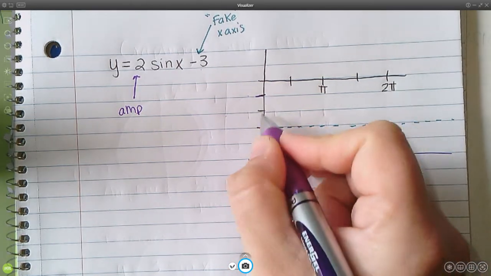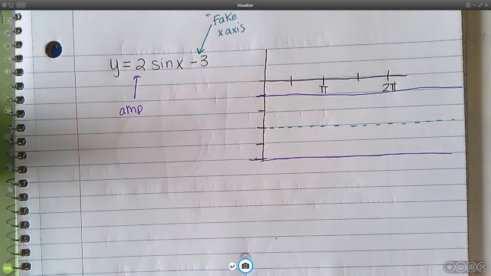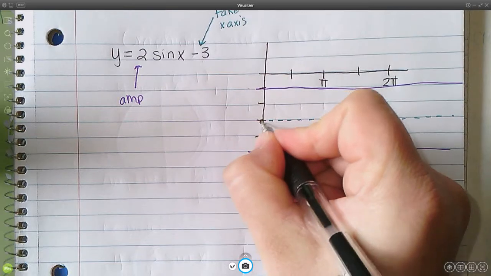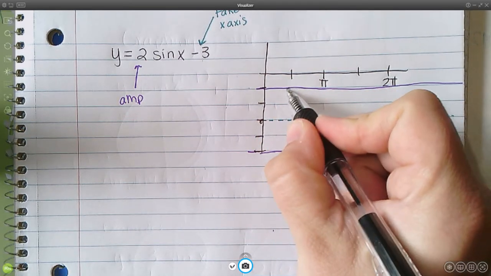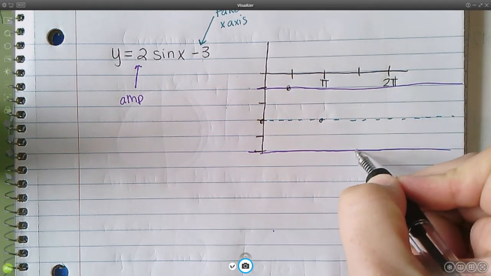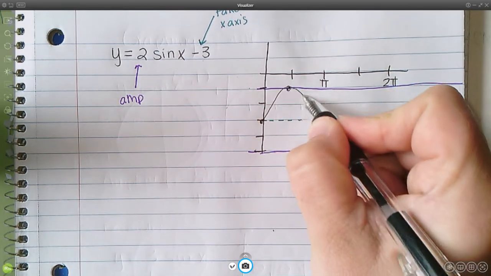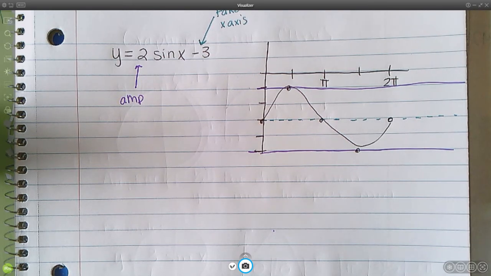You do not have to by any means, but then it's easy to know exactly where your graph is going to be. So we start at O, go to the next dash, and then you go high. Our high is just this purple line. Go back to O, go to low, and back to O. So O, high, O, low, O, and you're done.